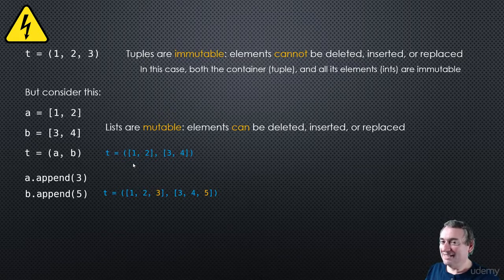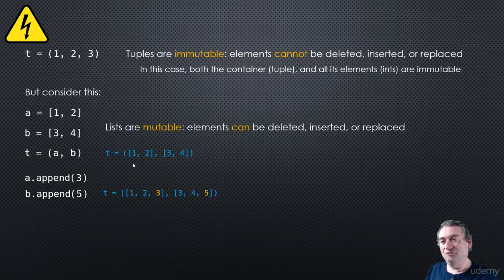So yes, t is immutable, but the elements that t contained were not immutable. So in fact, t changed. From our perspective, the values that t contained changed. But t is immutable. Well, this is why we've got to be careful about what immutability really means, right? The tuple is immutable, but it can contain mutable elements.